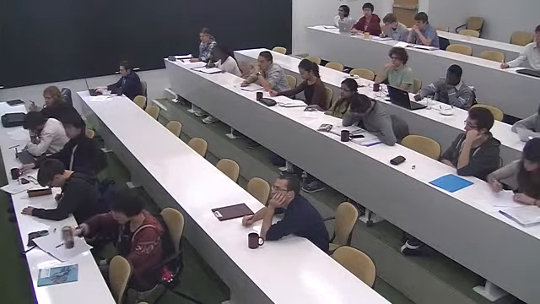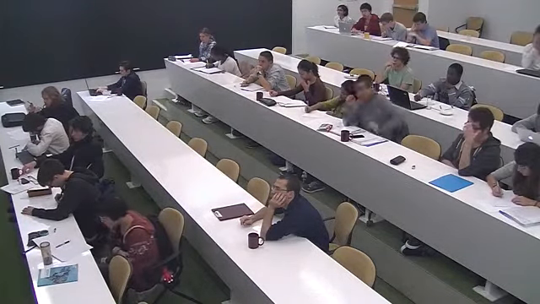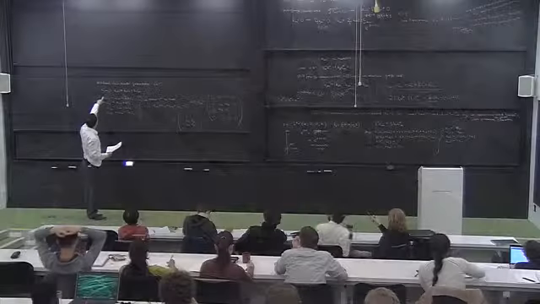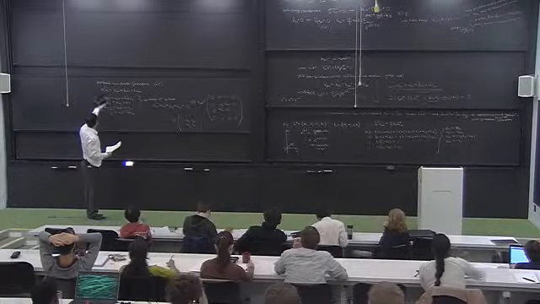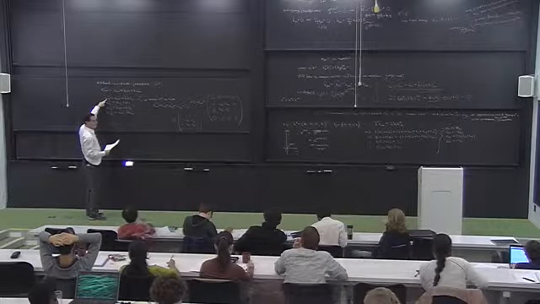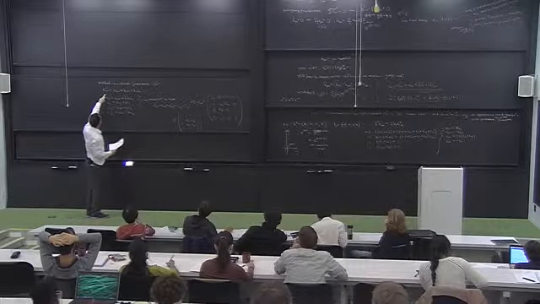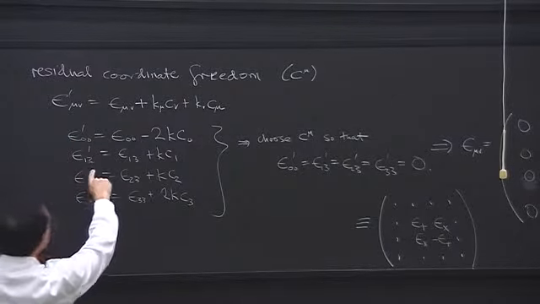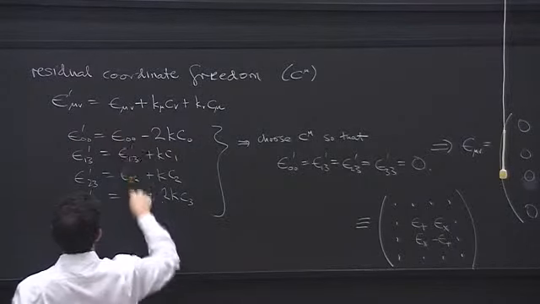Question: for the epsilon prime equation at the very top, the 0,0 component, does that just fall out of the math? I'm just reading off mu equals 0 in this equation, so I get the same components here.